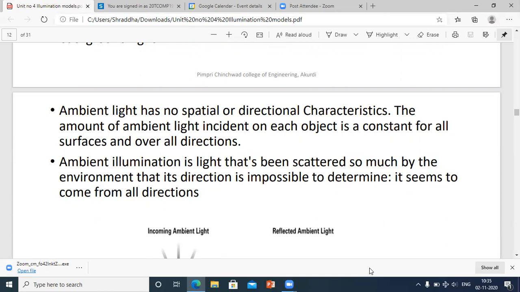As the ambient light is a background light, it will have no directional characteristics; it will not come perpendicular, it will not be parallel, it has no such directions. The amount of ambient light that is incident, that is falling on each object, is a constant for all surfaces and over all directions.